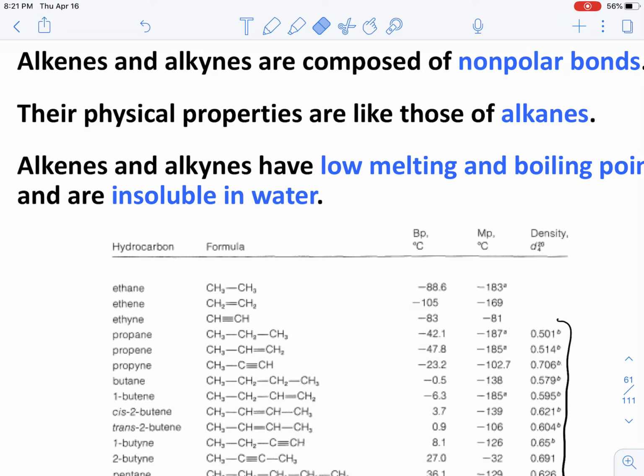Since they have the same atom, their electronegativity values are the same, since it's the same element. If you subtract those two numbers, like what we did in general chemistry, their difference in electronegativity is 0. Therefore, it is a non-polar covalent bond.